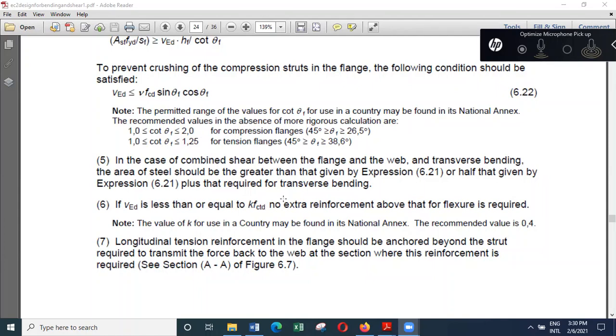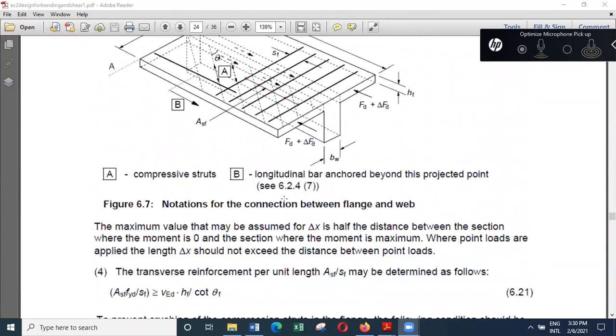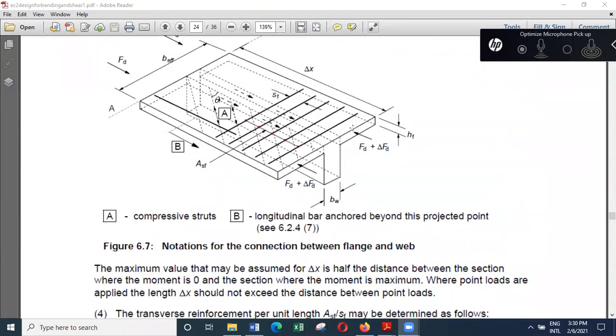And so what we are going to say is, due to the variation of bending moment, there will be a change in the force in the flange, and that change in the force in the flange can cause a certain amount of shear between web and flange, and that shear may lead to crushing of concrete.